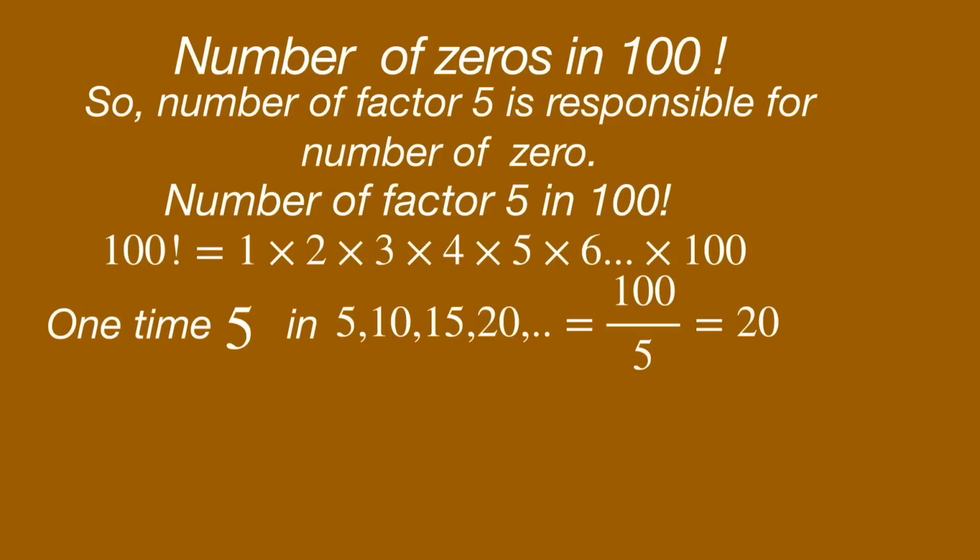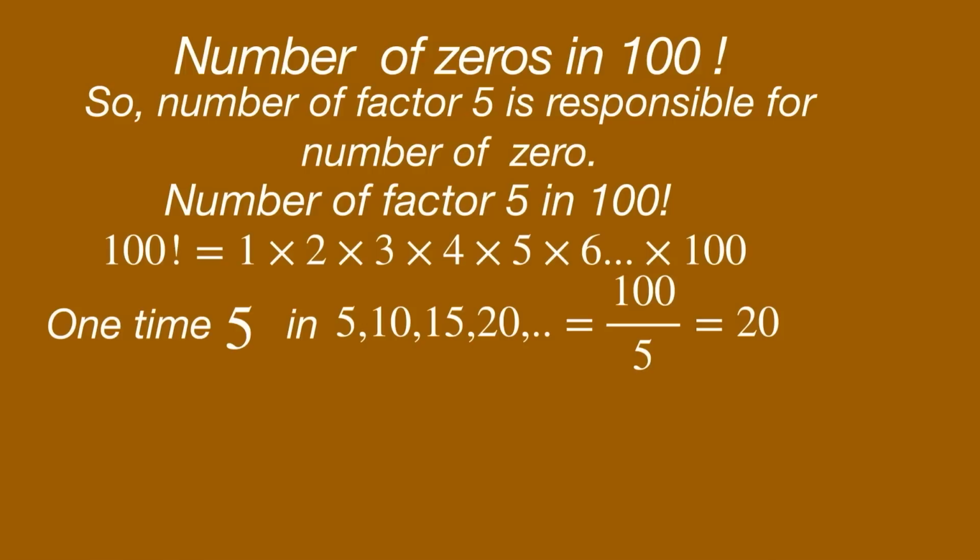So we see that in such numbers there is only one 5 for every number, and also among these numbers some are there, that is 25, 50, 75 and 100.